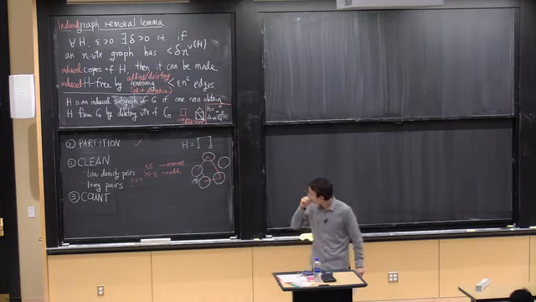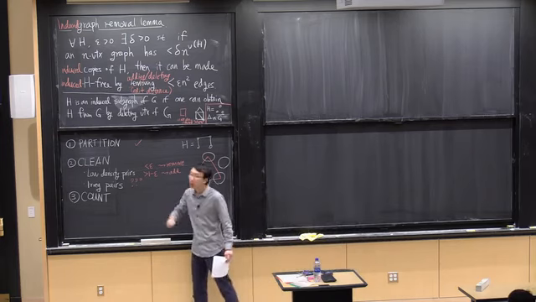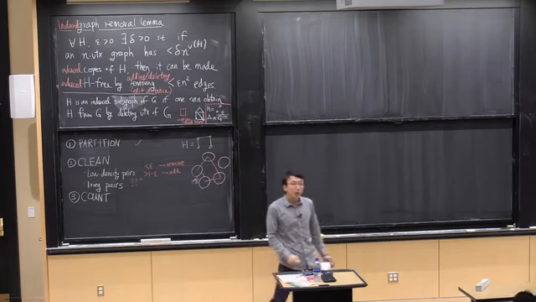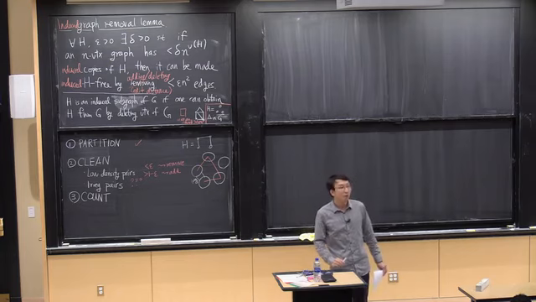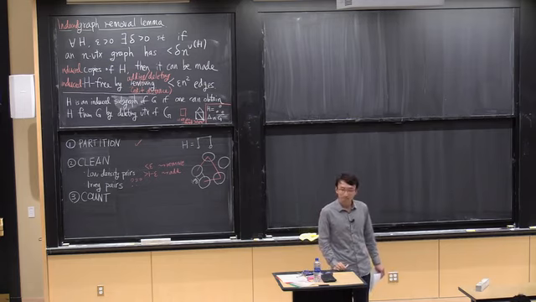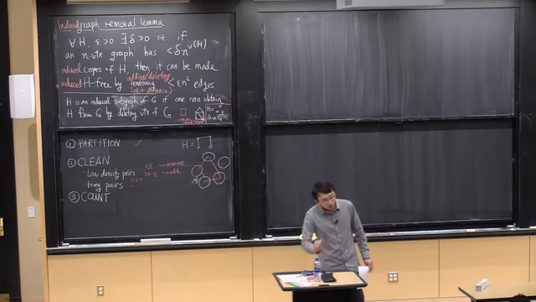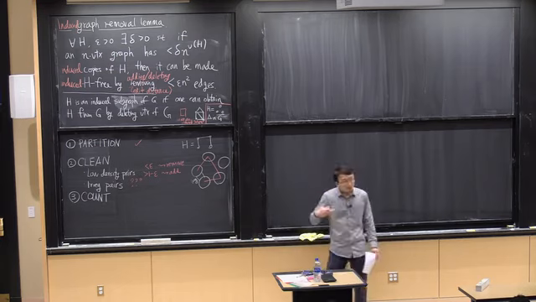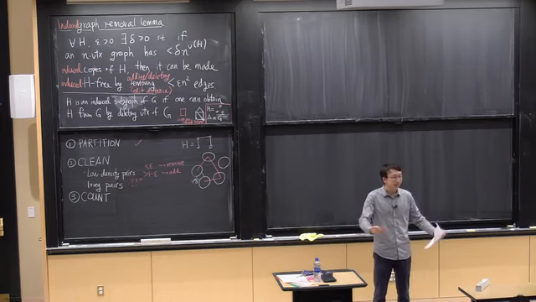So the fact that you have to add and remove makes it unclear what to do here, and this is a big obstacle in the application of the regularity lemma to the induced removal lemma. Any questions about this obstacle? Make sure you understand why this is an issue, otherwise you won't really appreciate what will happen next.